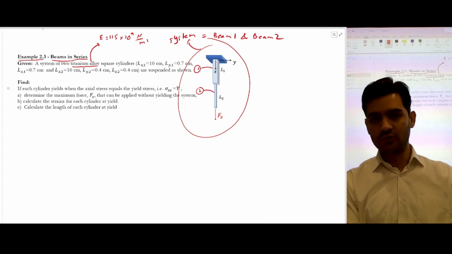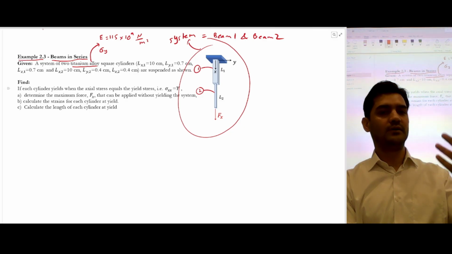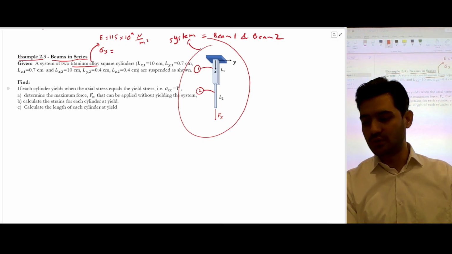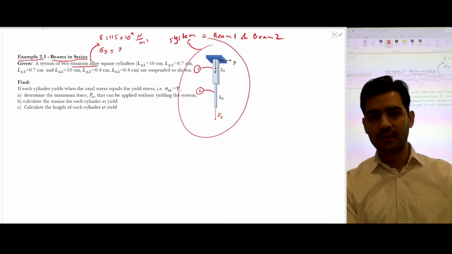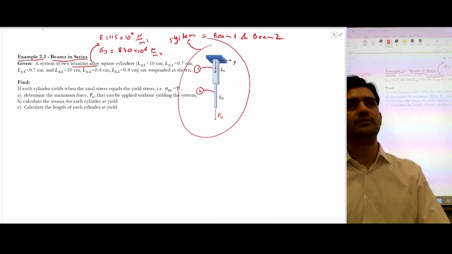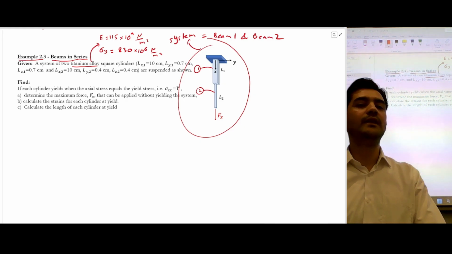And then we also know the yield stress, like the maximum stress this material can take without yielding, which is 830 into 10 raised to the power 6 Newton per meter square, or 830 megapascals. So these are the two material properties.